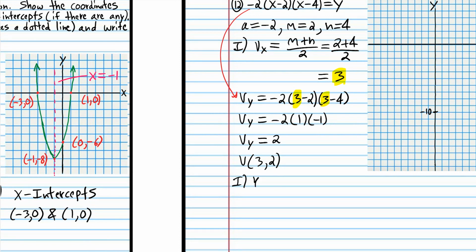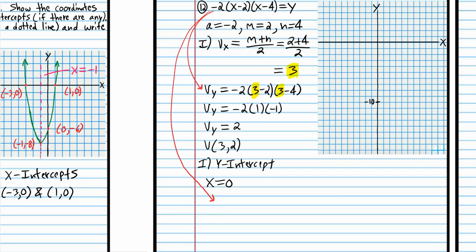Now we're going to find the y-intercept. To do that, we're going to let x equal 0. And then we're going to plug in 0 to the original equation. And just to be absolutely clear, I got that 0 from there.